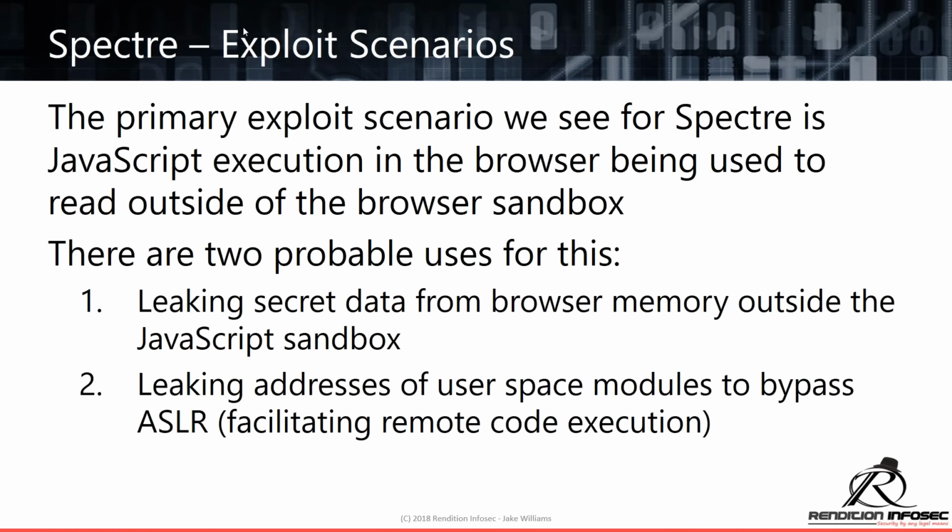So we talk about Spectre. Spectre has probably got a couple of good uses here. The primary exploit scenario for Spectre is JavaScript executing in the browser and then reading from outside of the browser sandbox. I see two probable uses here, right? One is leaking data from one browser tab to another.